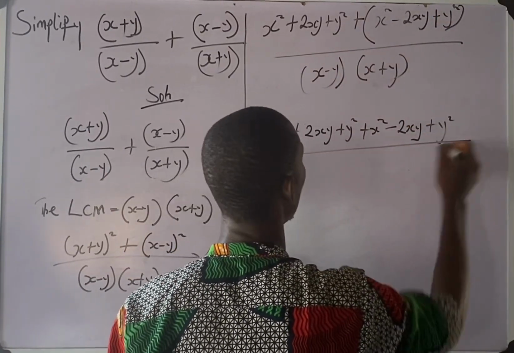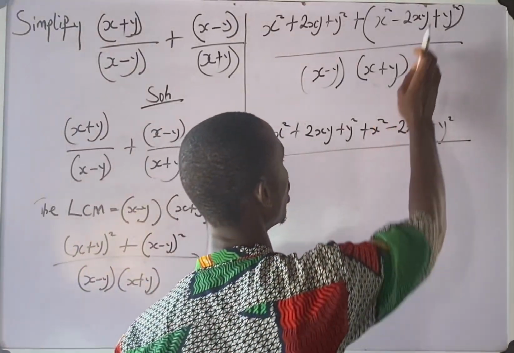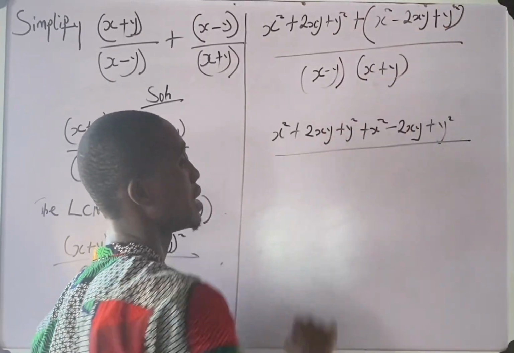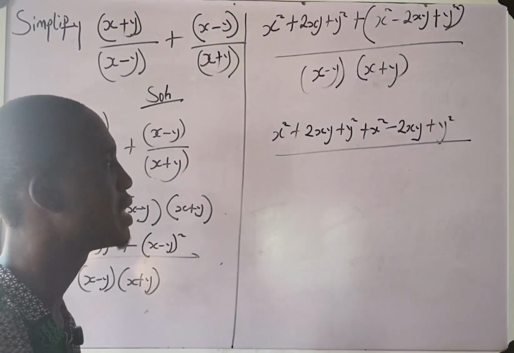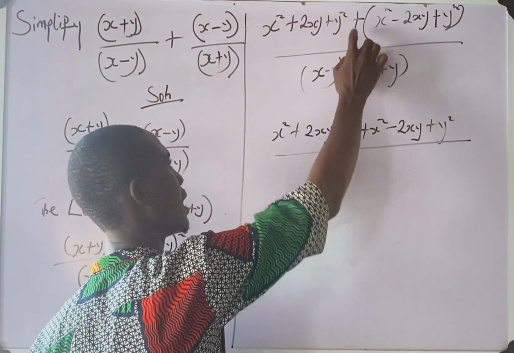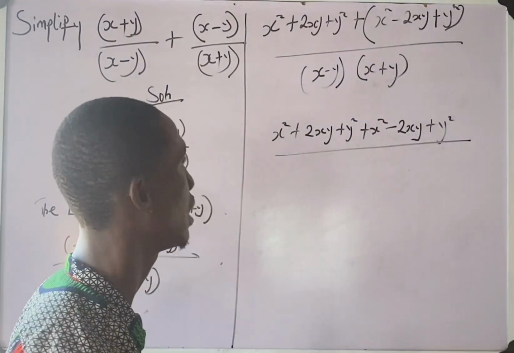Why I did this, if you notice, it did not really change. But when we have a minus multiplying from outside, there is every possibility that the signs will change. That is why I took my time to use this sign to expand the bracket so you will understand better.